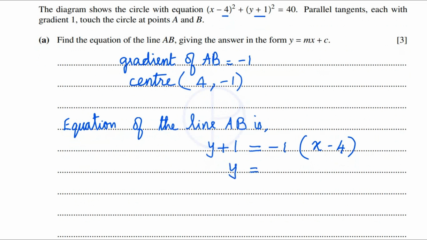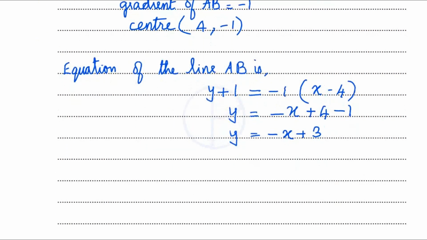So y is equal to, let's expand the bracket, negative x plus 4. When this 1 goes to the other side, it will be negative 1. So y is equal to minus x plus 3. This is the equation of the line AB.